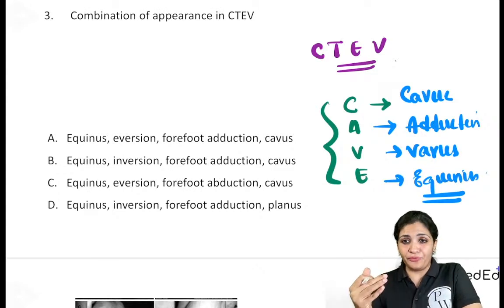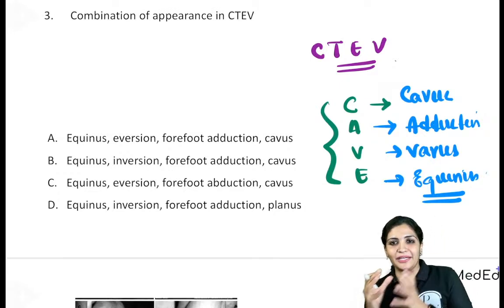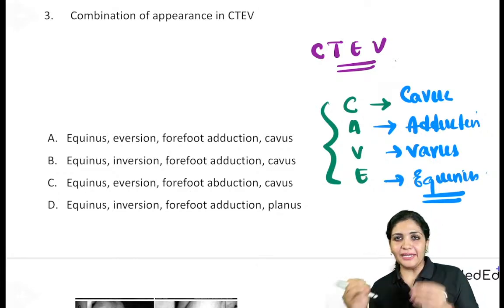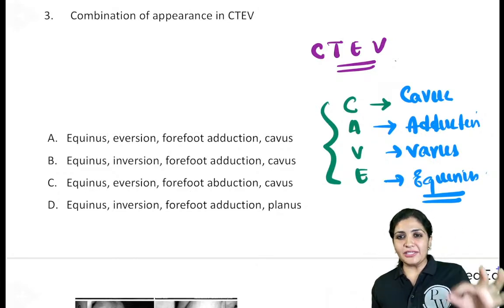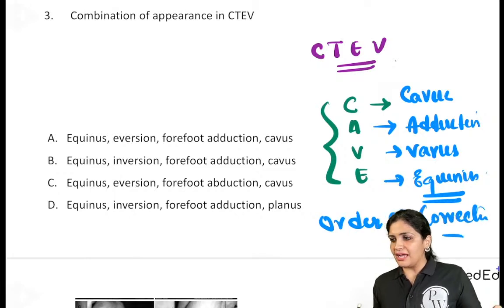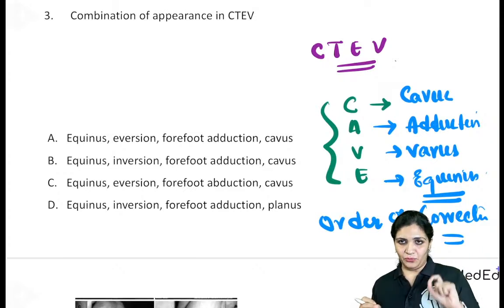Adductus is in the forefoot where it is slightly inverted, and varus is in the calcaneum, that is the hindfoot. These are the typical deformities which you have to remember in CTEV, and CAVE is a perfect mnemonic because the order of correction is also CAVE. So this is how you remember CAVE for CTEV, right?